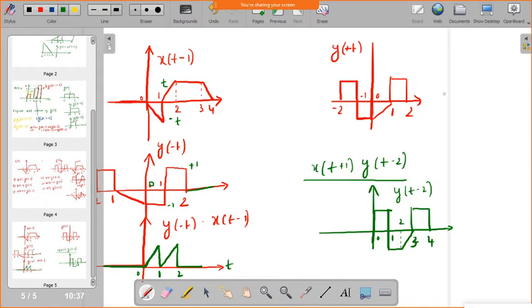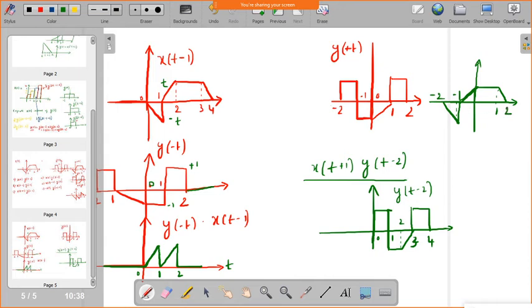So now x of t plus 1, just shift x of t by 1 unit to the left side. So what will you get? From minus 2 to minus 1 it is a ramp signal, and from minus 1 to 0 it is again a plus ramp signal, and from 0 to 1 it is 1 and 2.